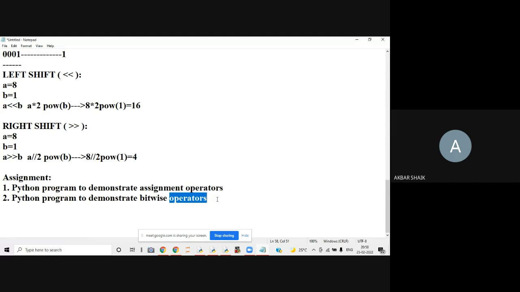Always remember, in programming, the amount of content you have is not important. What is important is how many programs you write using that content, and whether you understand each and every line in a program. If you understand each and every line, then obviously you can write a program on your own.